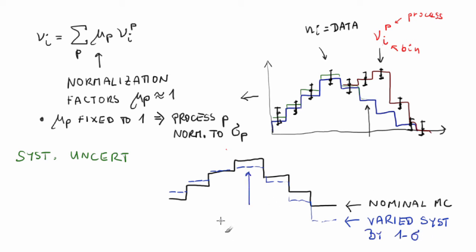Let's denote their bin contents as ν_pi plus δ_pi, where δ_pi is the difference in the event yield predicted by the varied and the nominal histogram. Moreover, people typically take into account asymmetry of the systematic uncertainties by evaluating up and down variations of the underlying parameter separately.